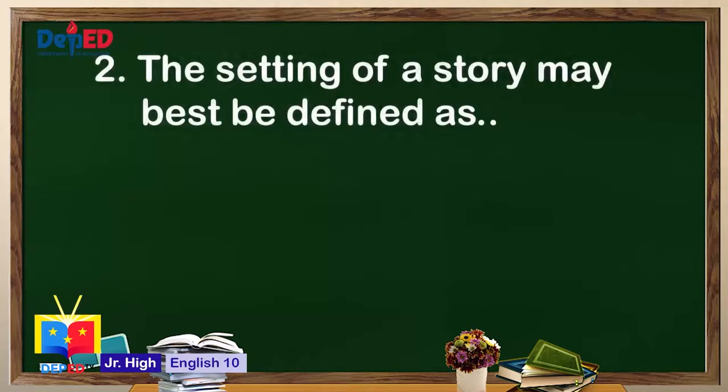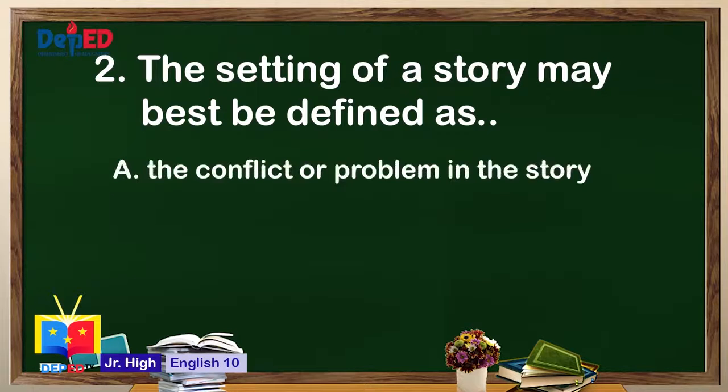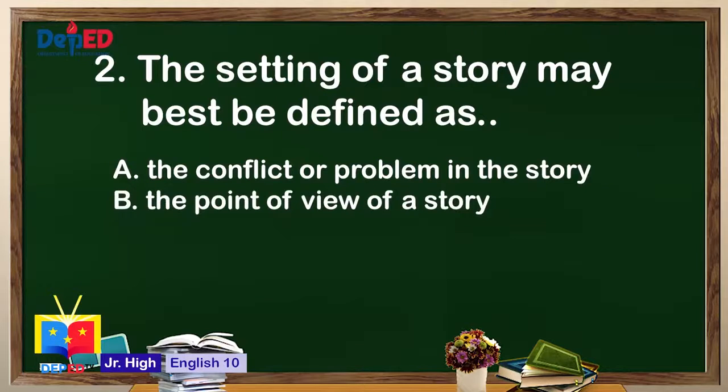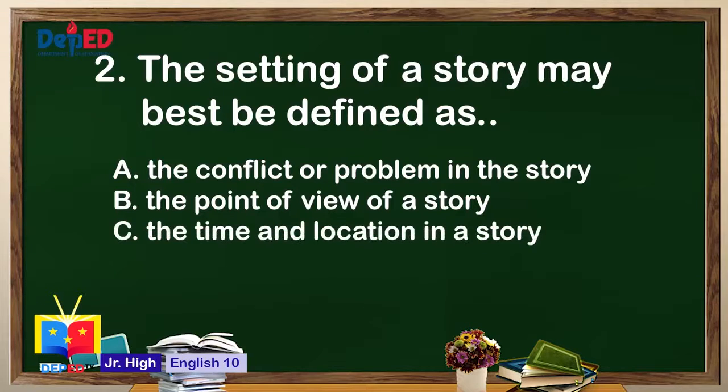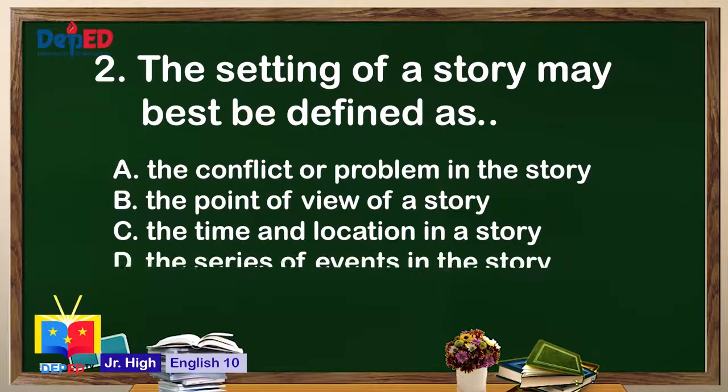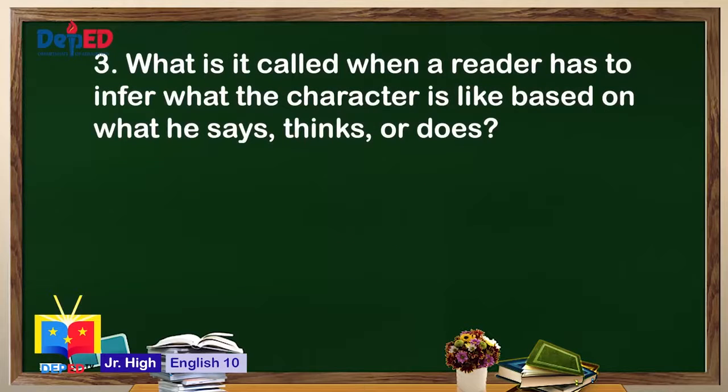Number 2. The setting of a story may be best defined as letter A. The conflict or problem in the story. B. The point of view of a story. C. The time and location in a story. Or letter D. The series of events in the story. Number 3.